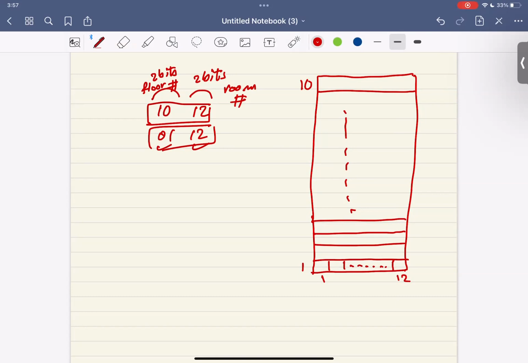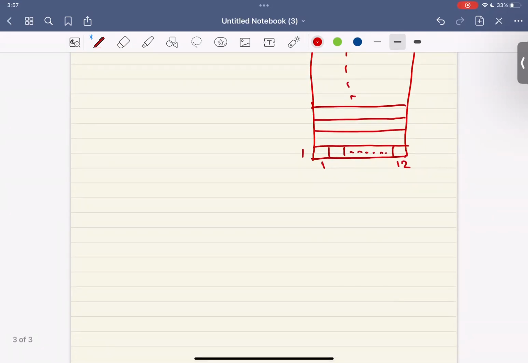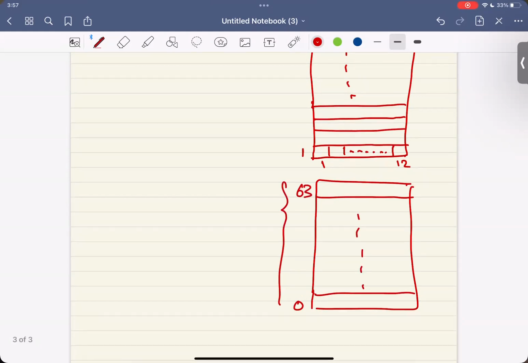And then instead of decimal, we have binary. And it is exactly the same thing. Back to our first example, we have blocks from 0 all the way to 63. So we have a total of 64 blocks or 64 floors.